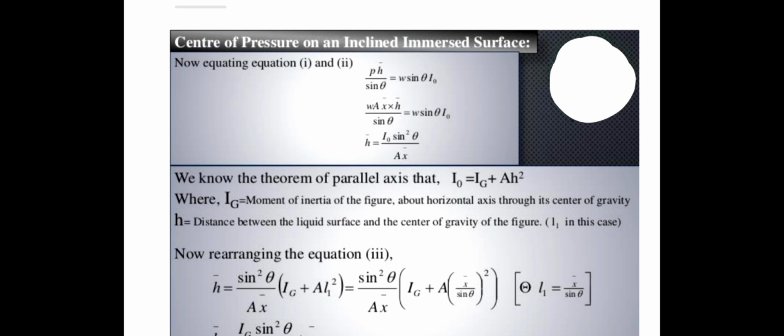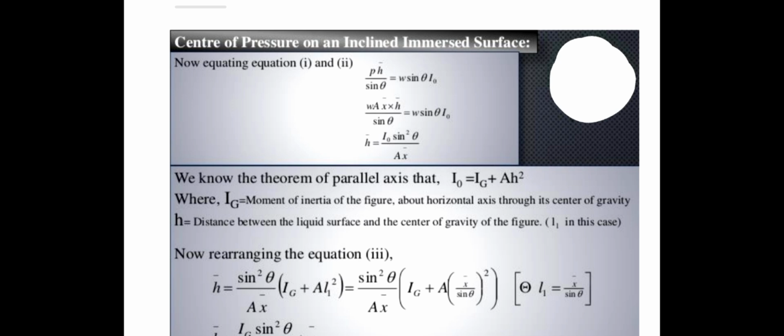Now equating equations 1 and 2, P h bar divided by sine theta equals w sine theta I. Now P is w A x bar, so w A x bar into h bar divided by sine theta equals w sine theta I. So h bar equals I sine square theta divided by A x bar.